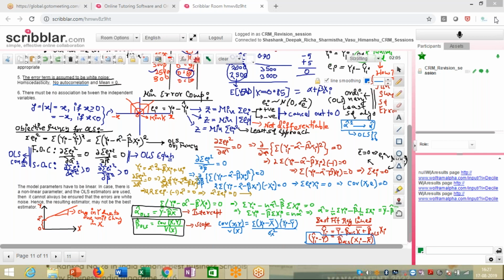So in tomorrow's discussion, our objectives would be to complete the properties of the best fit regression line, talk about the best linear unbiased estimator properties of these OLS estimators, and complete the goodness of fit analysis of a regression line, right? So these are the three things that we'll cover in tomorrow's discussion.